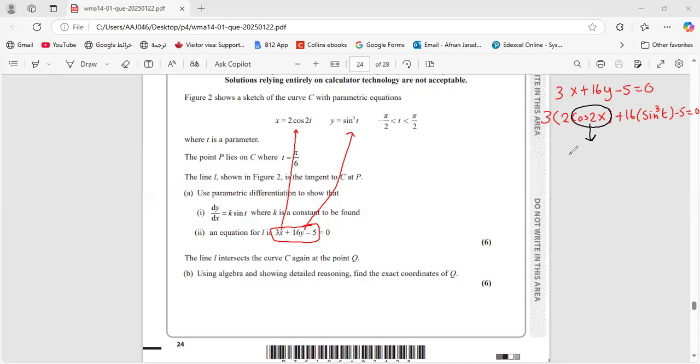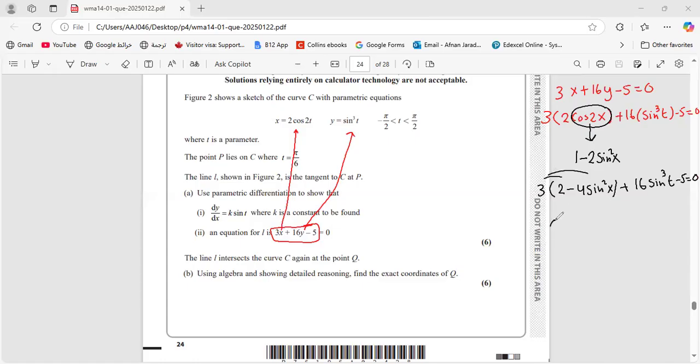Use the identity cosine 2t equals 1 minus 2 sine square t. To make this equation in terms of sine, it will be 3 multiplied by 2 minus 4 sine square t, plus 16 sine cube t minus 5 equals to 0.